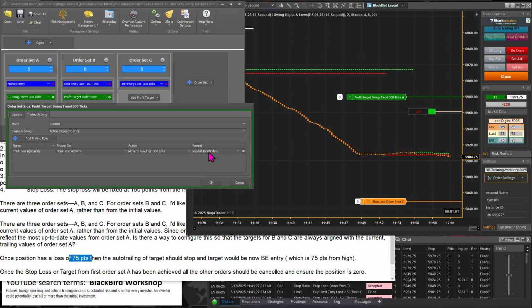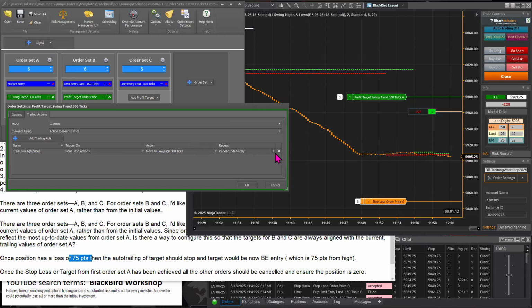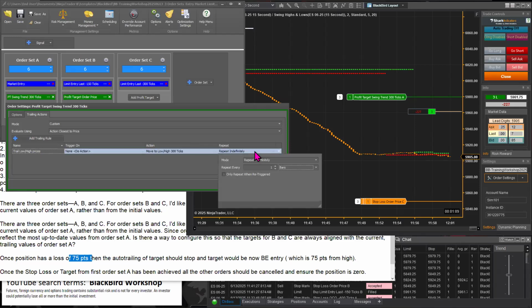And so to stop this from trailing, we're going to change our repeat here. So actually, we're not repeating indefinitely. We are repeating until. Repeat until.